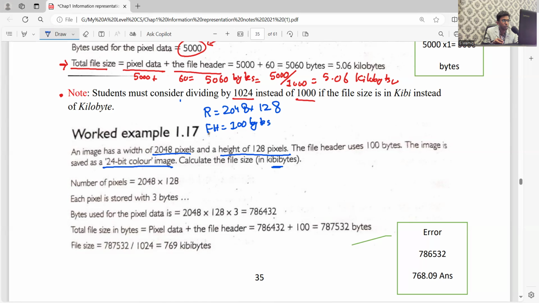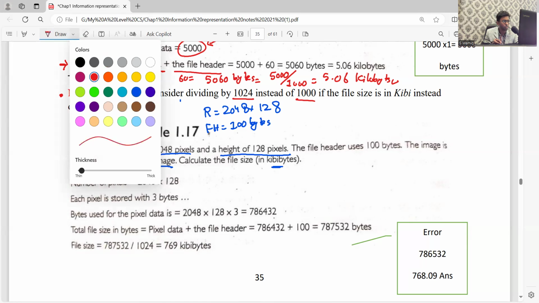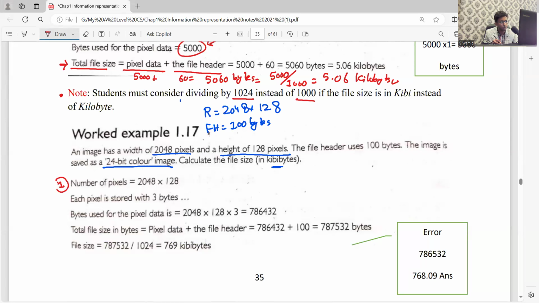So first of all, you need to check the total number of pixels. You can do that by multiplying 2048 by 128. 2048 by 128 is 262,144. That is the answer, but right now I need the file size in kibibytes.